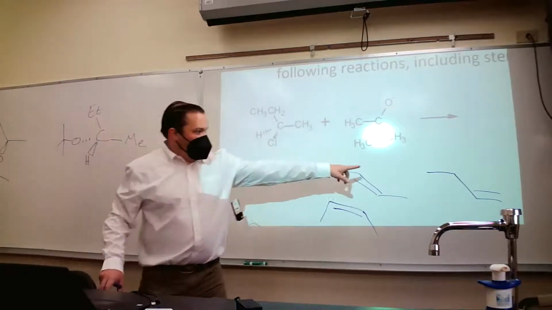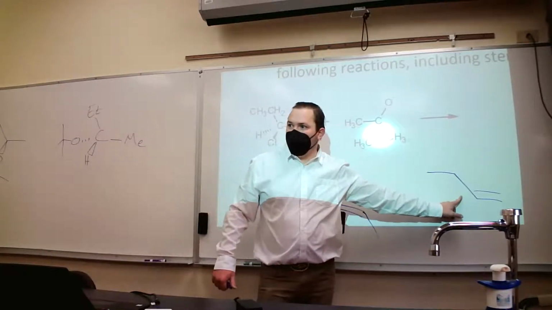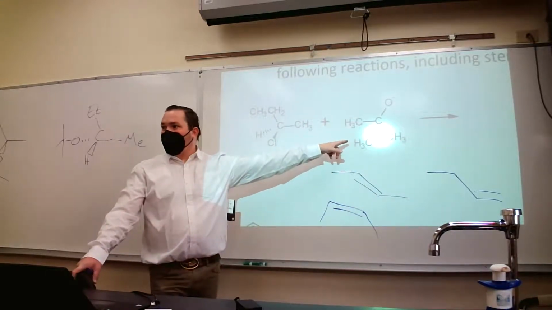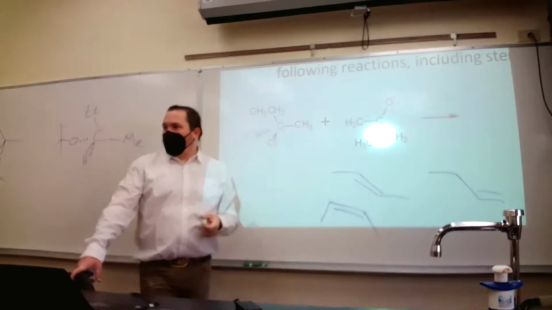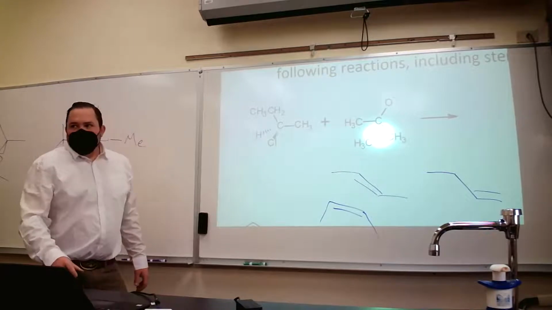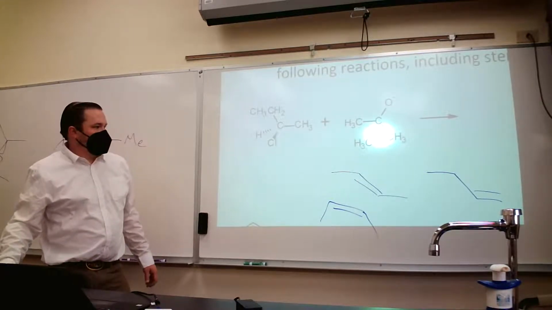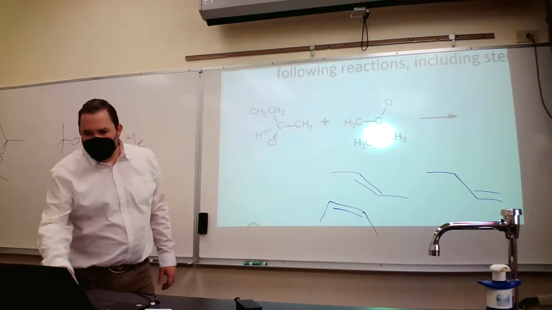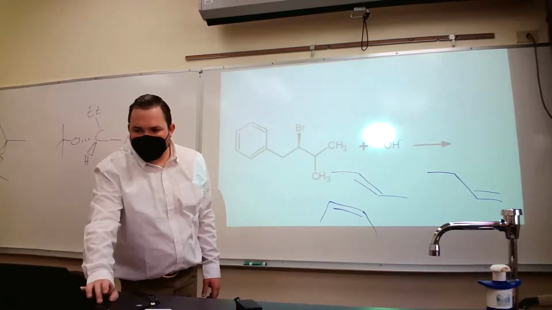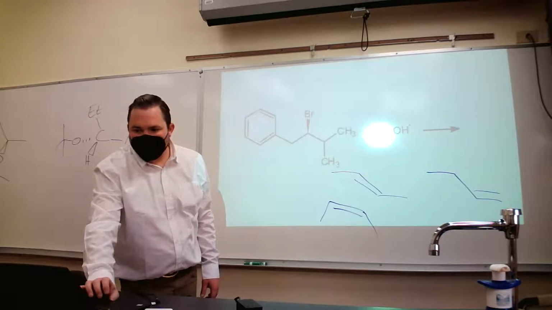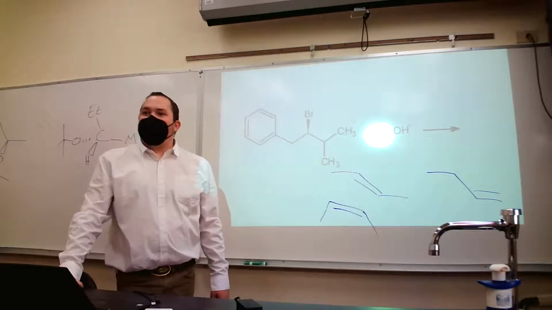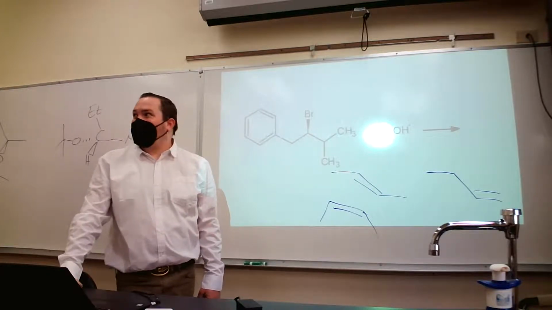So this would be our major product, just based on what our base/nucleophile is and what our leaving group is. All right, now that I worked through the easy one, you guys can work on the tricky one.